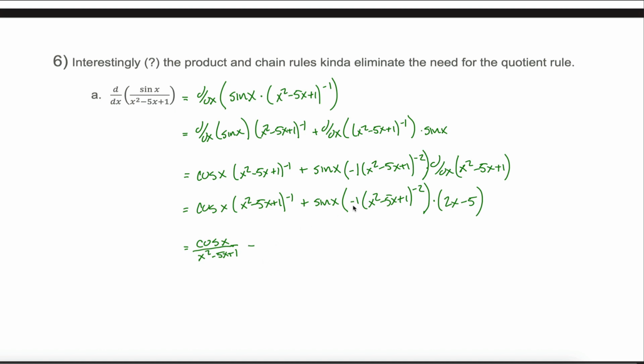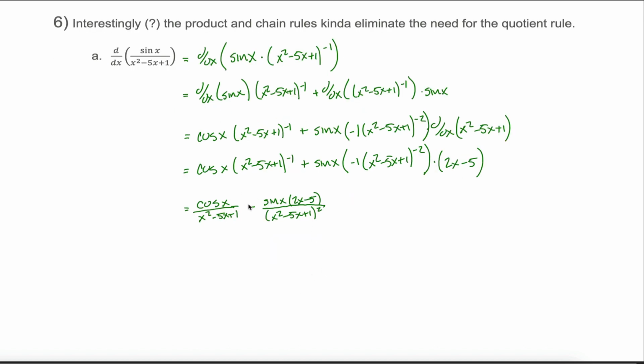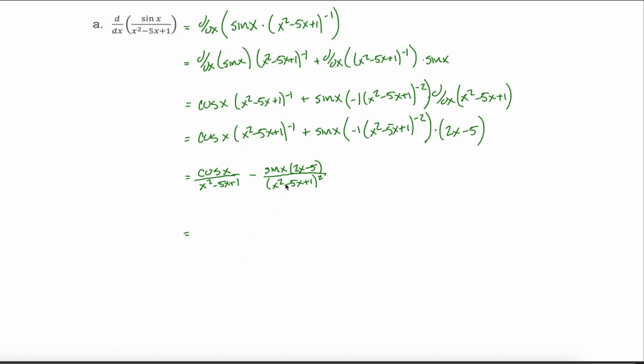What am I subtracting? Well, up top, I would have a sine of x for this sine of x. And then I would have a 2x minus 5 for this 2x minus 5. And instead of multiplying all that by x squared minus 5x plus 1 to the negative 2 power, I could divide all of that by x squared minus 5x plus 1 to the positive 2 power. I have two different fractions. If I felt the need, I could get a common denominator. My common denominator would be x squared minus 5x plus 1 squared.